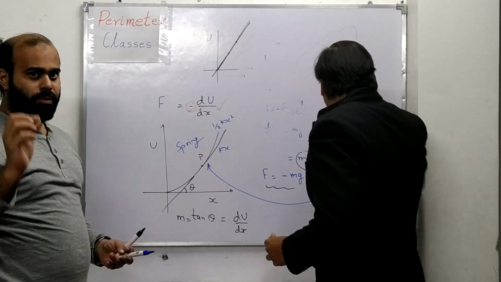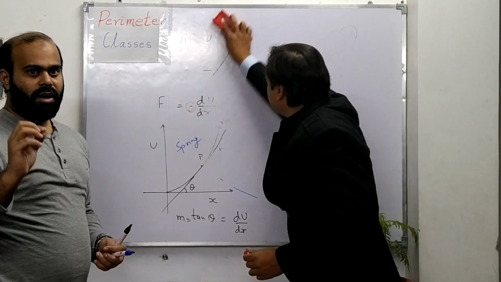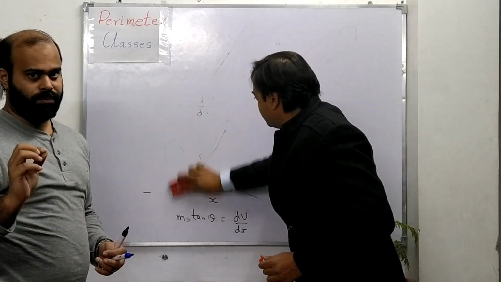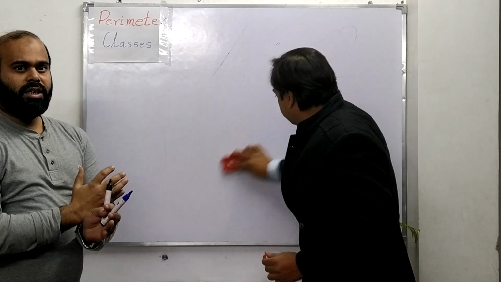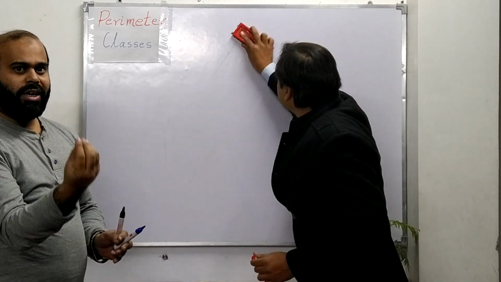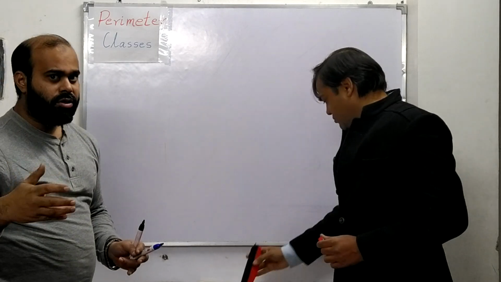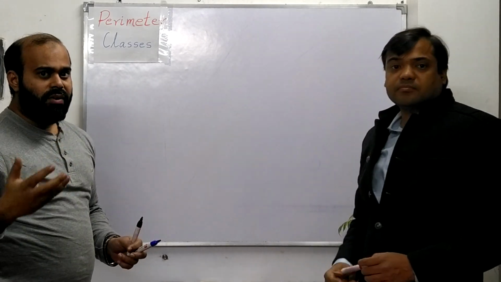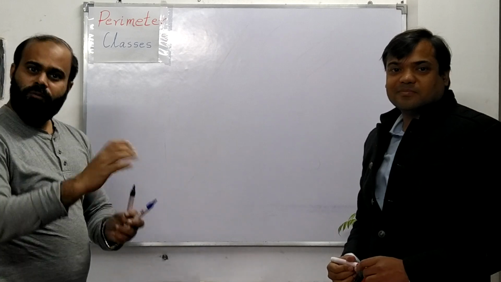Now the most important part which we are going to start is the concept of integration, because we are seeing here that potential energy on getting differentiated gives force, so can we also say that there is any way in which we can obtain potential energy from force?